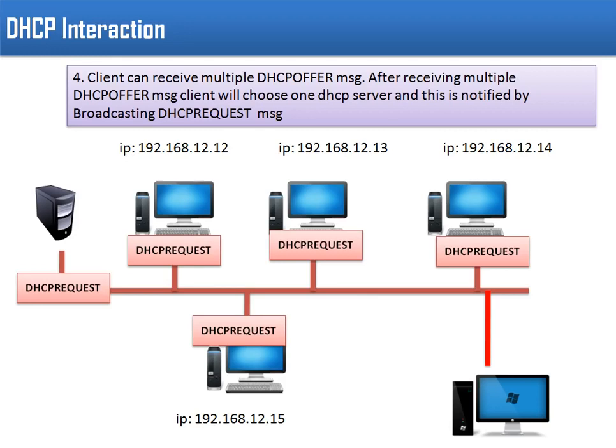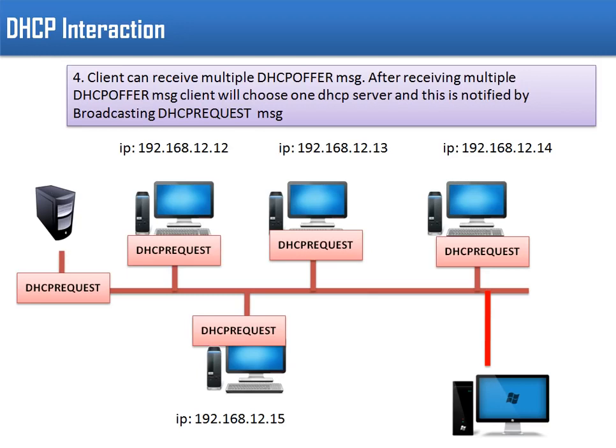So this server has received the DHCP request. It means the server would know the client is interested in taking that offered IP address. So now, the next step: the server will check whether that offered IP is available or not. It will try to see whether this IP is available by using ICMP packets.